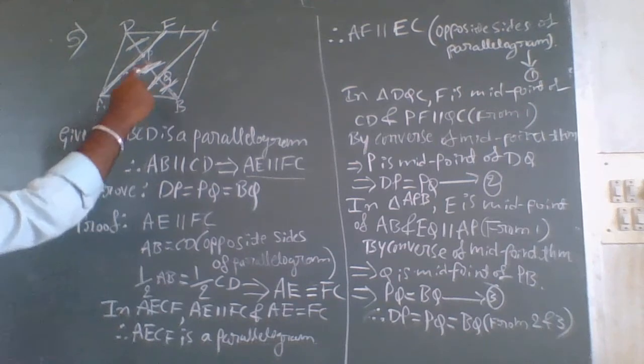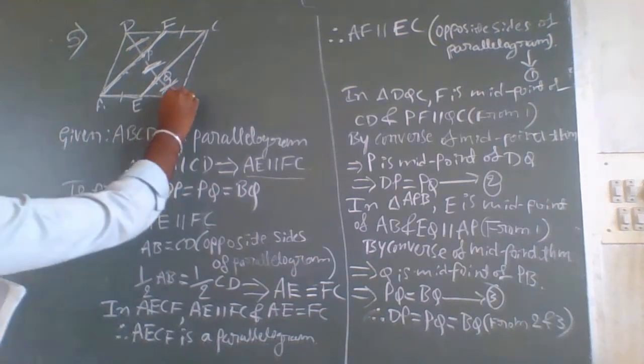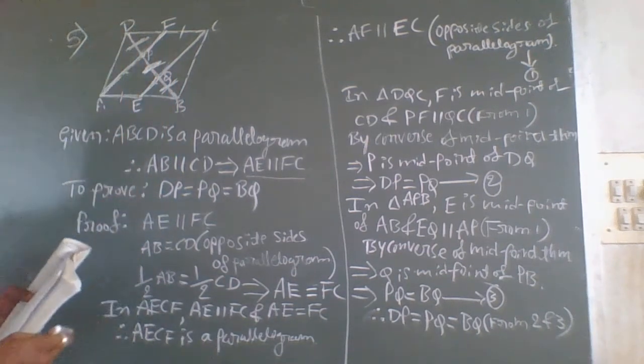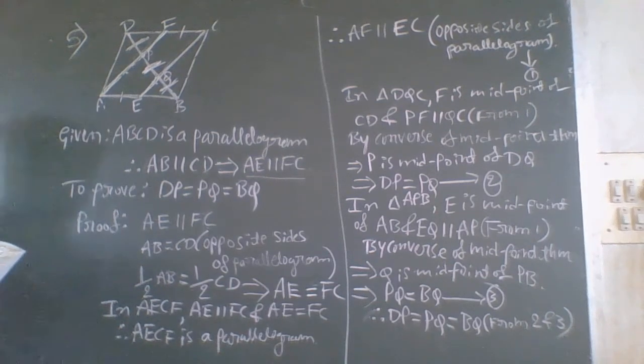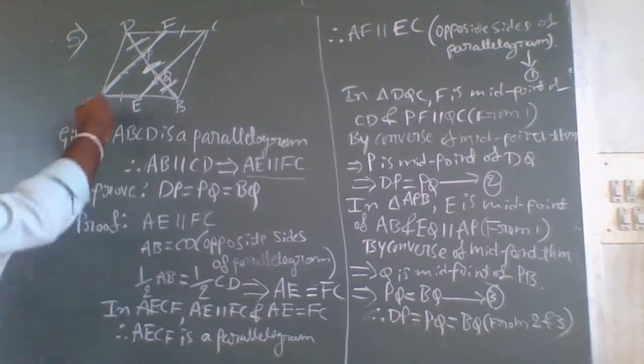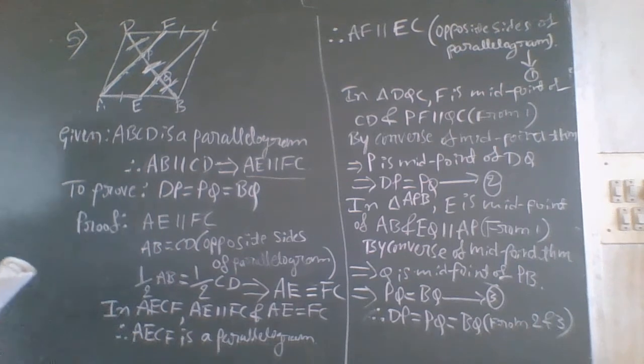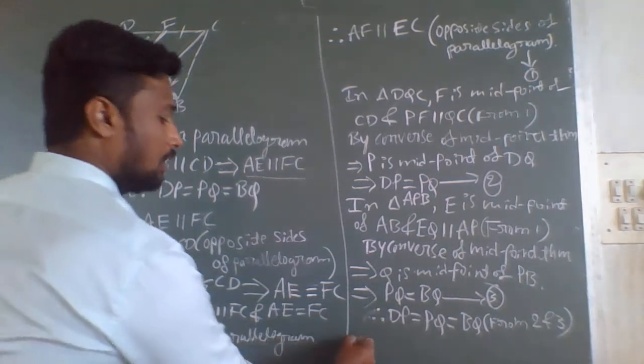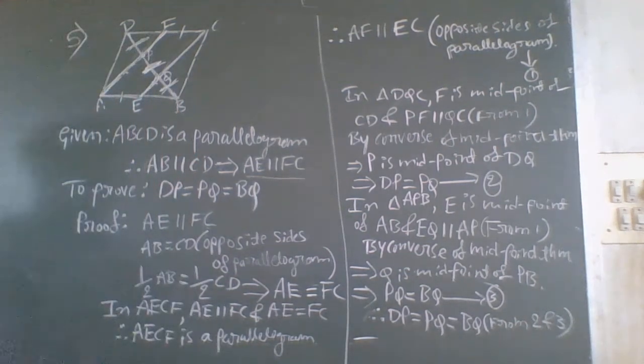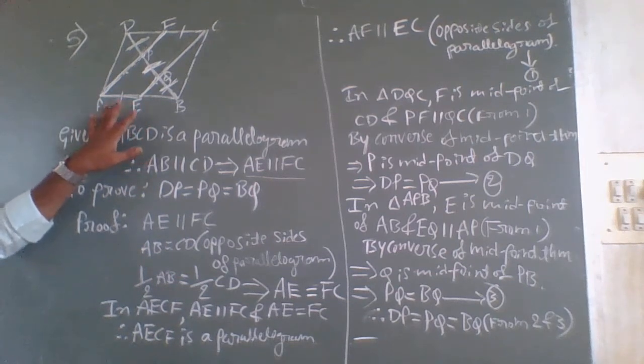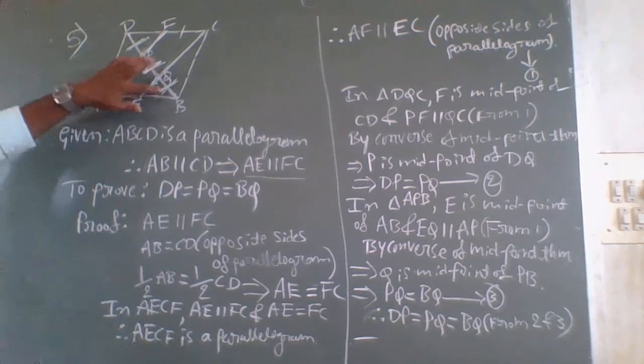Therefore, AF and EC trisect the diagonal BD. You should write that here. So to prove this, what we did, listen carefully. ABCD is a parallelogram, they have given, and we have to prove that AF and EC trisect this diagonal BD.